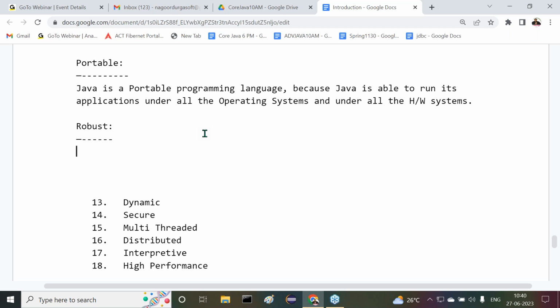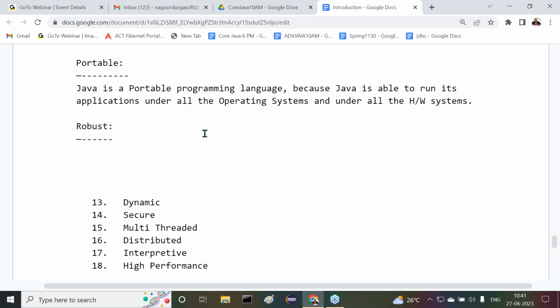Come again, what is the point I'm telling you? It allocates and deallocates memory for the objects at the runtime of the application. As per the requirement, on demand, memory will be allocated. See, no memory wastage is going on in the case of this heap memory management system. At compilation time, if you provide memory allocation, that entire memory may not be used at runtime, but memory is allocated.